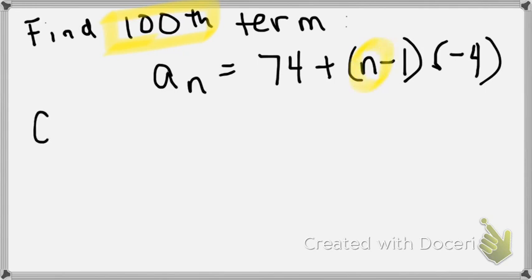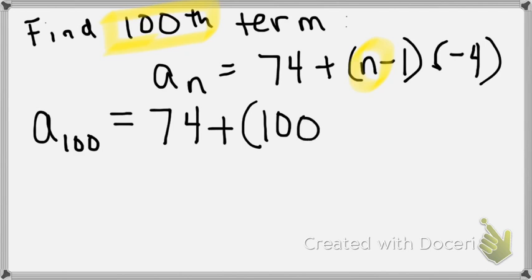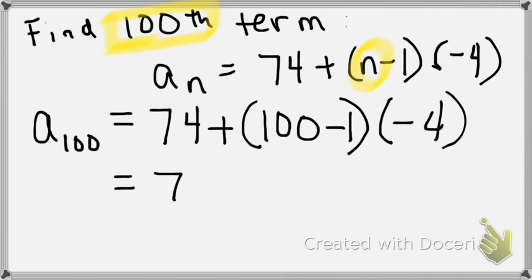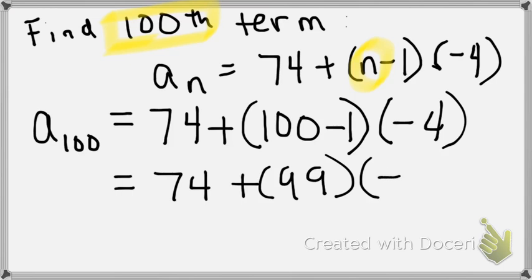So we would write a sub 100 is equal to 74 plus 100 minus 1 times a negative 4. What's 100 minus 1? That's 99. And then you would do 99 times negative 4. That's going to get a really large number, which is okay.